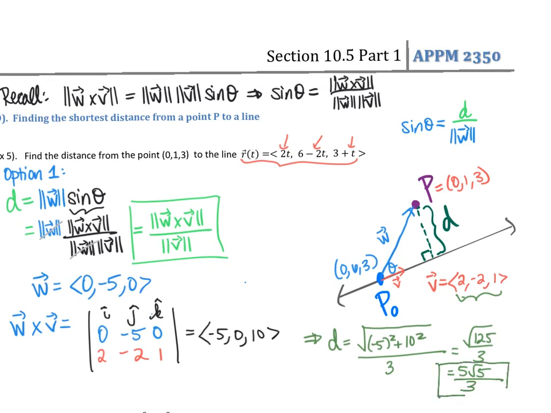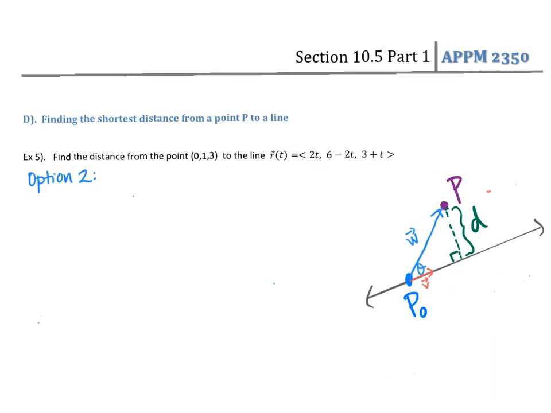Okay, so that's usually the way I would try first, just because it's typically pretty quick. But there's a couple other options. So one other way we could think about this problem. And now a second way we could do this problem is actually using what we know about projections. So notice that if I take the projection of w onto v, it's going to give me this orange vector, which means that this vector right here, which the magnitude of which we want, is actually going to be the orthogonal projection.